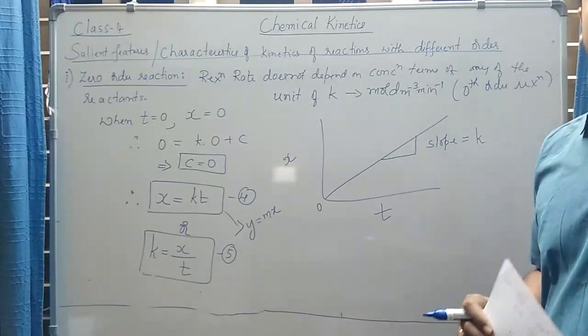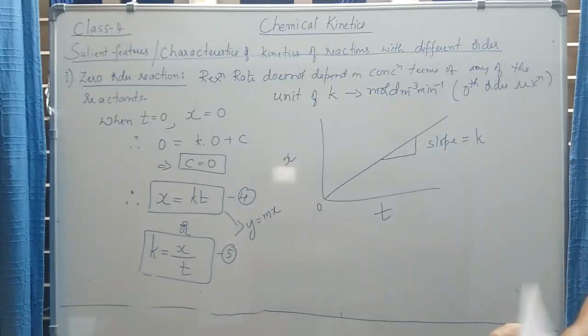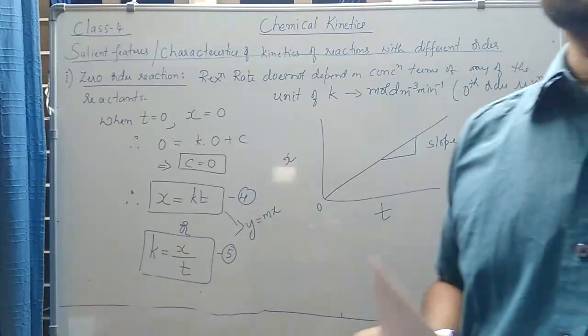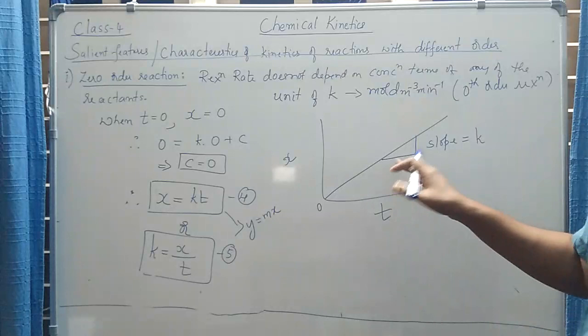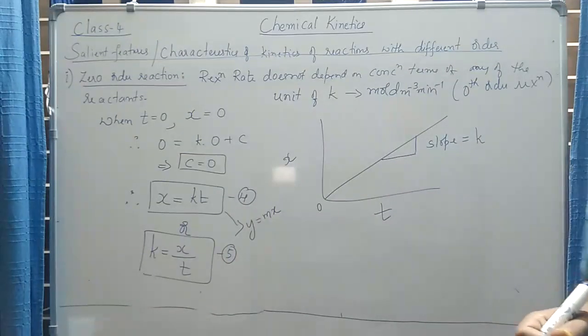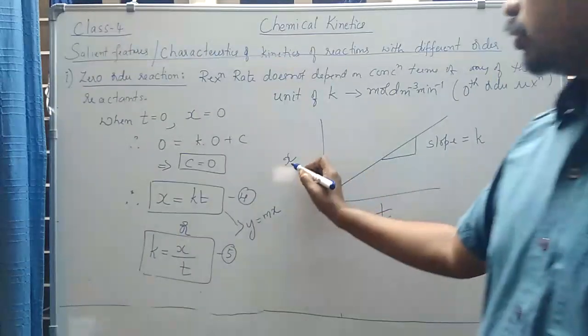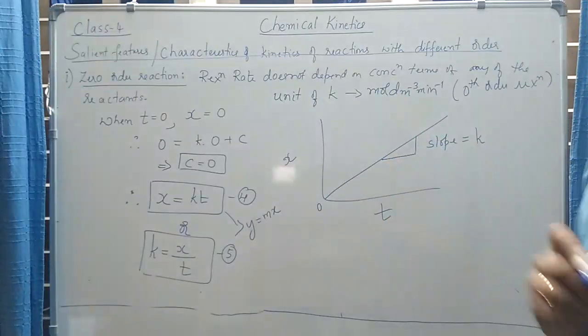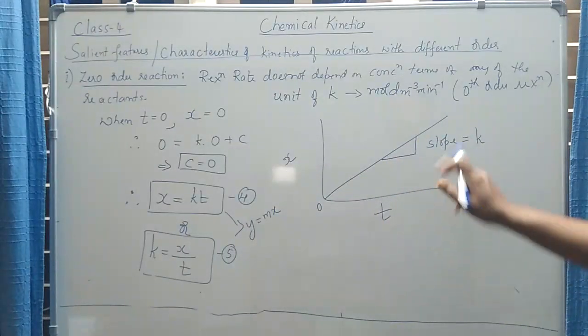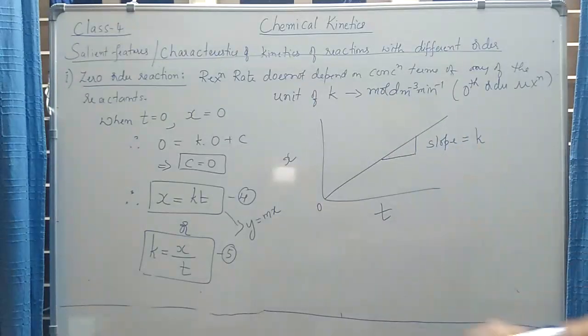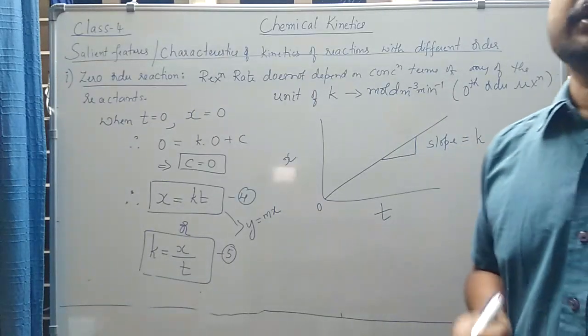So suppose you know that a particular reaction is zeroth order and you are interested in calculating the rate constant of the reaction. This is one of the methods for finding out the rate constant, provided you know it is a zeroth order reaction. Plot x versus t, you will obtain a straight line passing through origin. Find out the slope of that straight line. It is nothing but the rate constant.